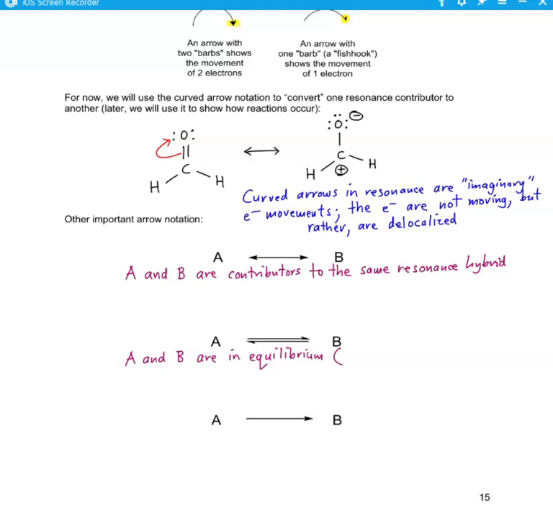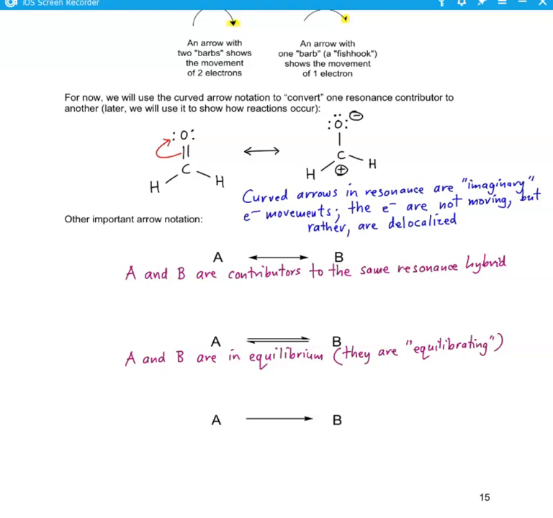So if two things are in equilibrium with each other, we say they are equilibrating. Or if a system of things, an assortment of chemicals, is in equilibrium, we would say that that system is equilibrating.